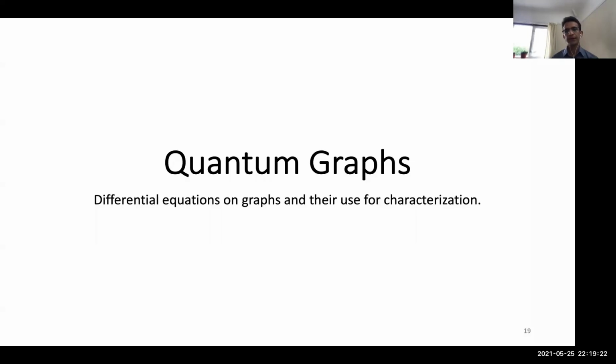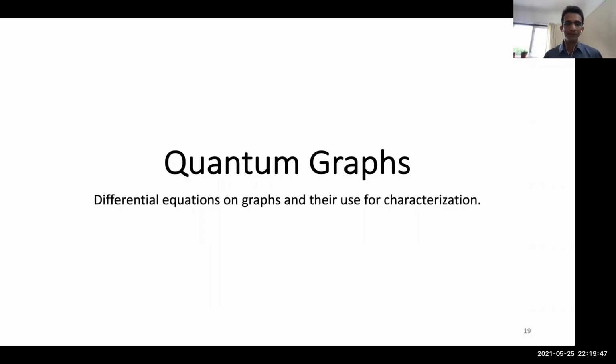Right. So in the last part of my talk, I'm going to talk about quantum graphs, which was actually the initial topic of my research. I started with quantum graphs, and then I moved to backtrackless walks and other things, and then I showed some connections of the backtrackless walk with quantum graphs and so on.